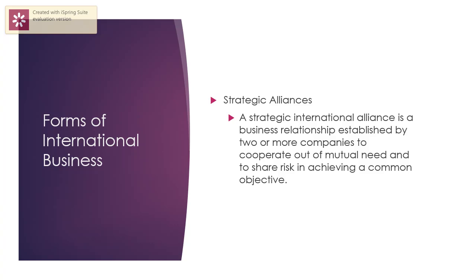There is a difference between the separate legal entity of a joint venture and a strategic alliance. In a joint venture, there exists a separate legal entity having its own separate identity. However, in strategic alliance, there does not exist any separate entity.